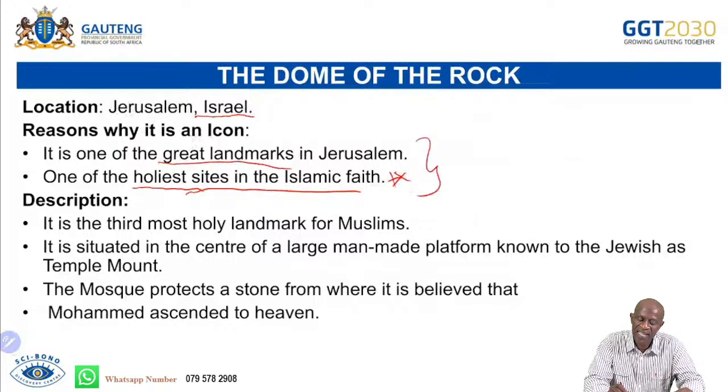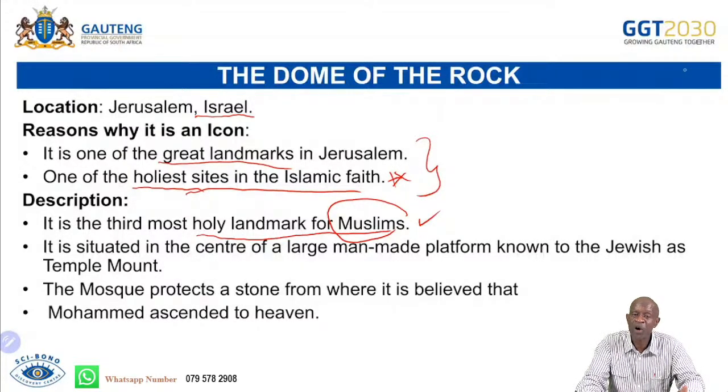These are the reasons why it has become an icon. A description of the icon: if you are asked to explain this icon, it is the third most holy landmark for Muslims.